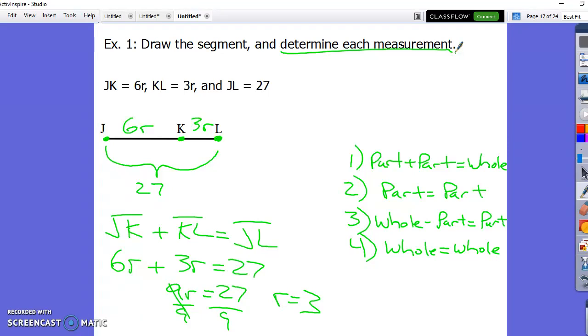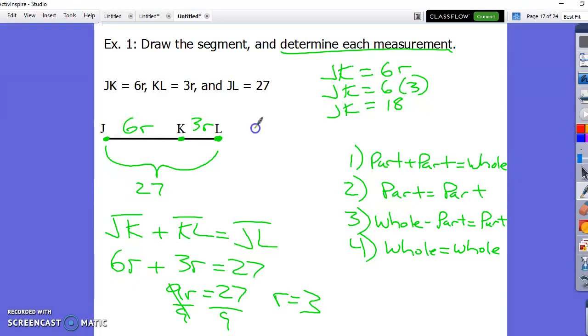We need to read. So, just like Emily said, we want to substitute in 3 for R in both. JK equals 6R, and so we are going to go ahead and put in 3 for R, and so JK ends up equaling 18.